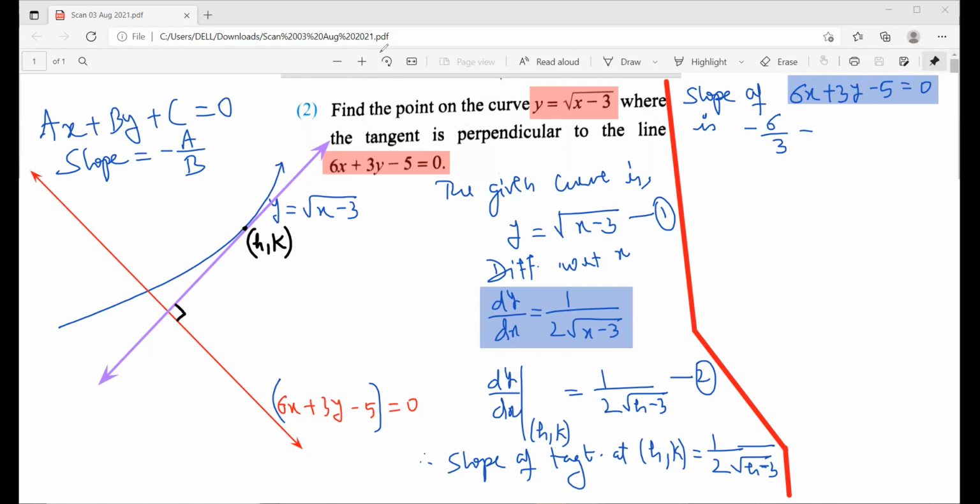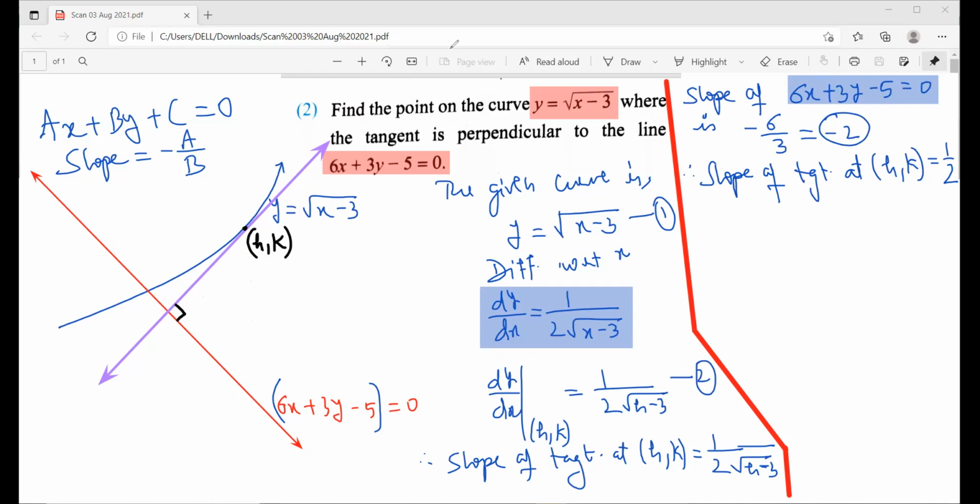If the tangent is perpendicular to this line, the slope of the tangent should be the negative reciprocal of the slope of this line. So I will write, therefore, slope of tangent at h comma k should be equal to the negative reciprocal. What is the reciprocal of minus 2? Minus 1 by 2. What is the negative reciprocal of that?